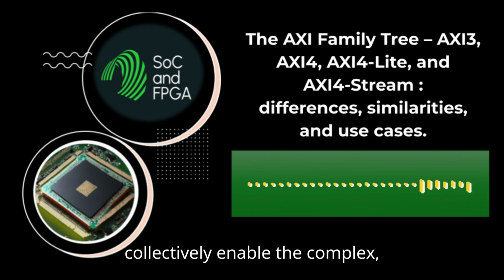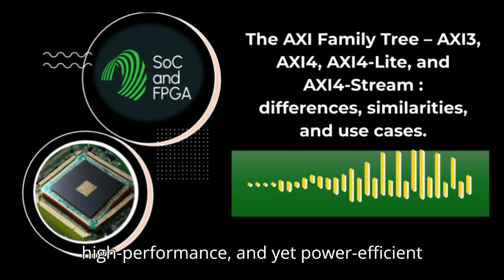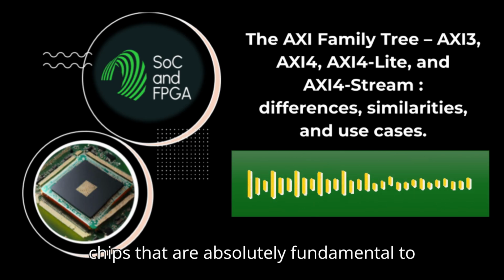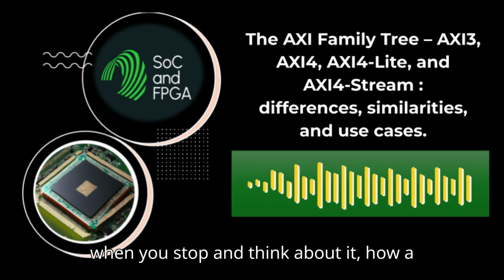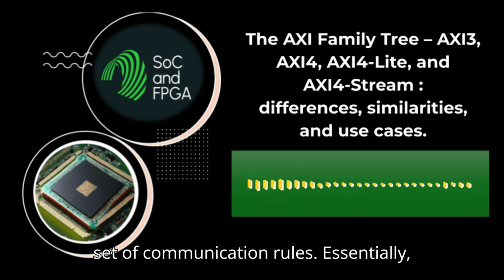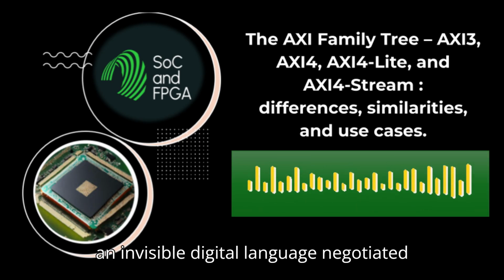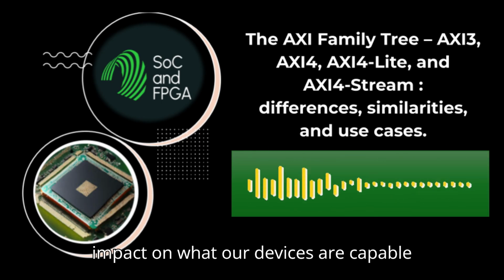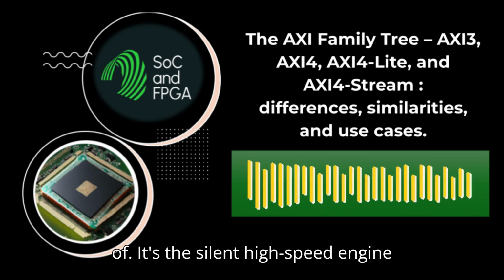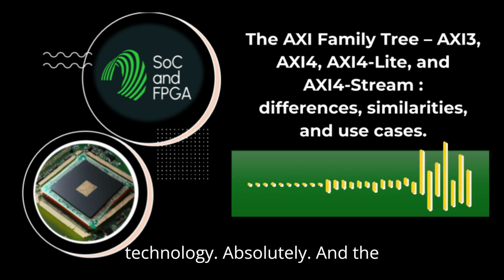They collectively enable the complex, high-performance, and yet power-efficient chips that are absolutely fundamental to nearly all modern electronics you interact with daily. It's truly amazing when you stop and think about it, how a set of communication rules, essentially an invisible digital language negotiated by engineers, can have such a profound impact on what our devices are capable of. It's the silent high-speed engine running behind so much of our modern technology.